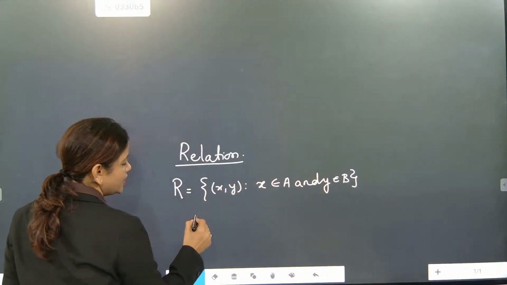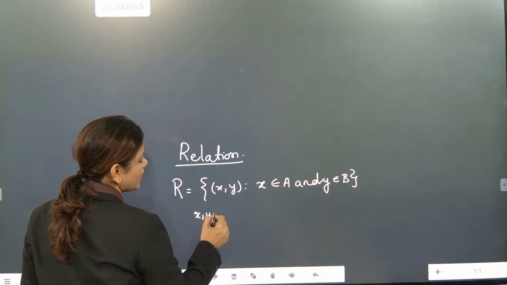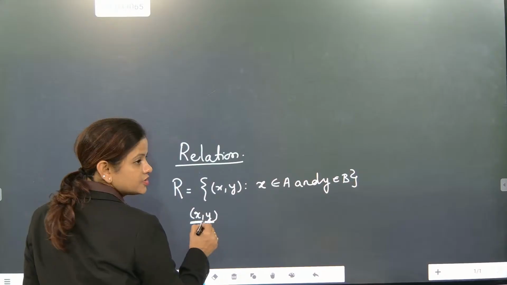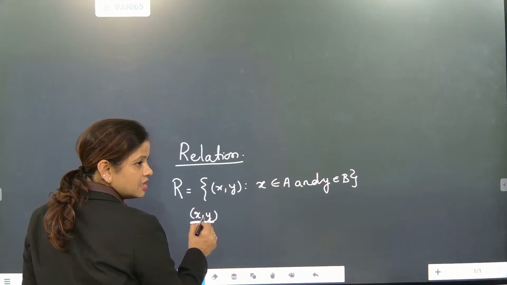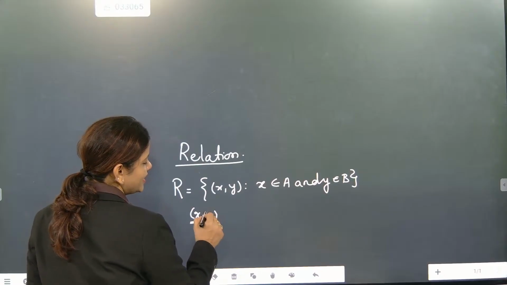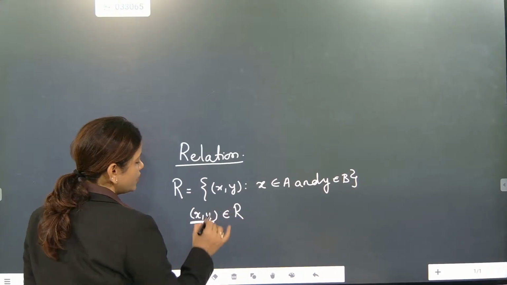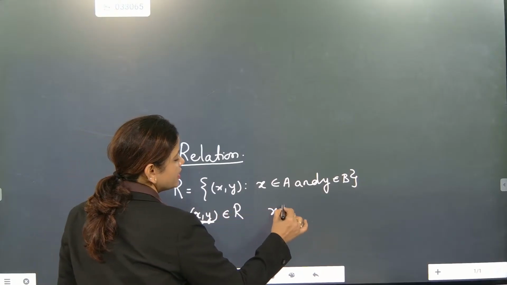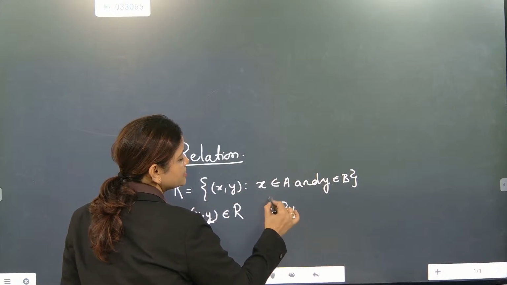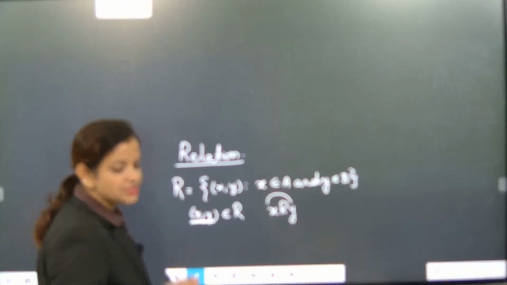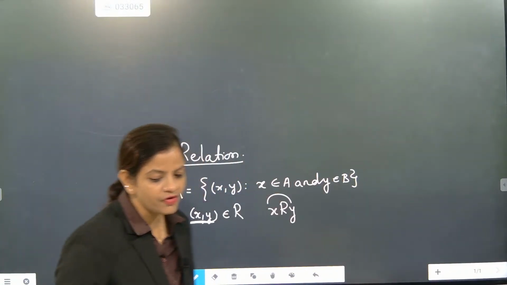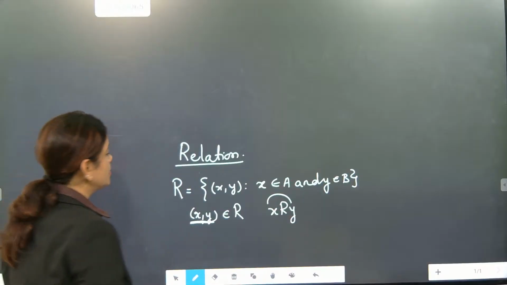So here x belongs to A, y belongs to B, and this (x, y) is a relation element. This (x, y) is an element belonging to the relation. It is also written as x R y, meaning x is related to y. So these are some ways of presenting a relation. Good evening, Dharunesh.